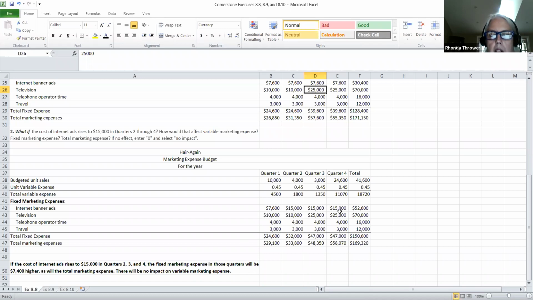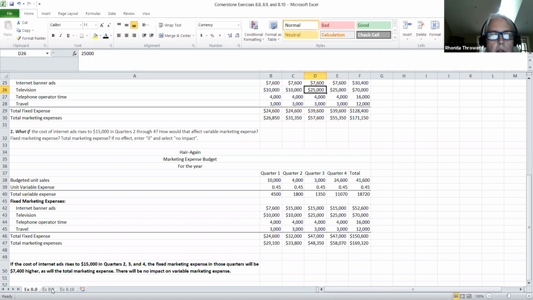So each month we had an increase in our internet banner ads of $7,400. It would not change the variable expenses. Notice they stayed the same. So because my fixed cost changed in quarter 2, 3, and 4, the total of your marketing expenses will change because the fixed cost also changed.